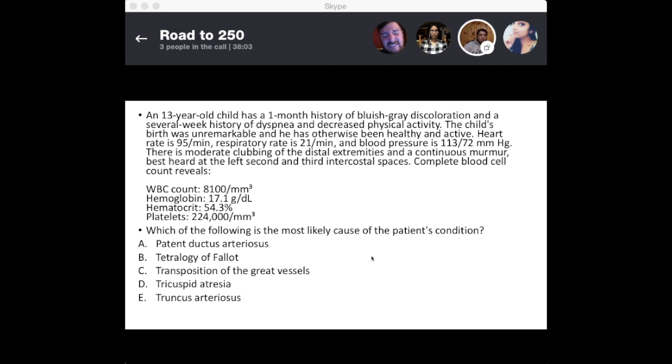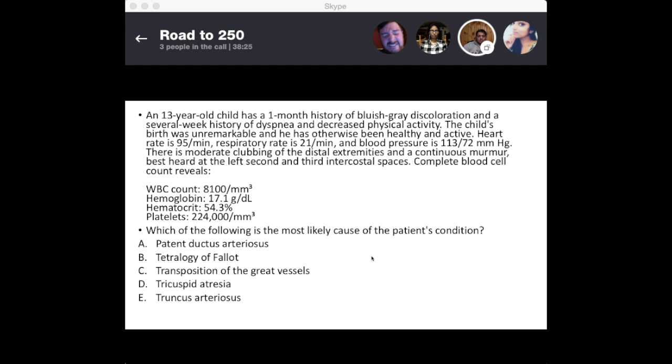All right, and one more. A 13-year-old child has a 1-month history of bluish gray discoloration and several week history of dyspnea and decreased physical activity. The child's birth was unremarkable, and he has otherwise been healthy and active. Heart rate is 95, respiratory rate is 21, and blood pressure is 113/72.